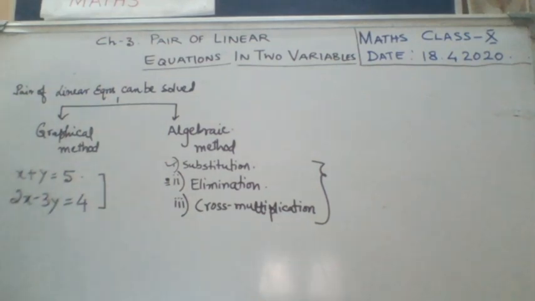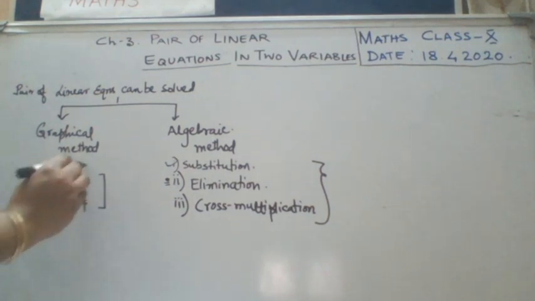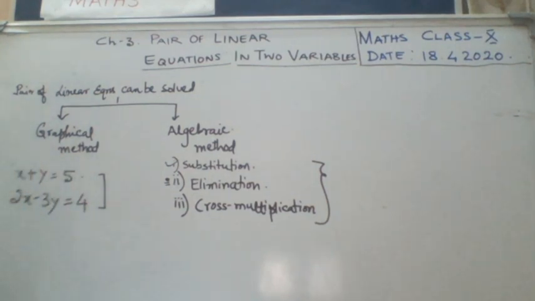Before I go forward, I would like to tell you that given any one linear equation in two variables, how many solutions are possible? Infinite solutions are possible for a given linear equation in two variables. See, for this linear equation, x plus y equal to 5, if you take x equal to 0, y will be equal to 5.